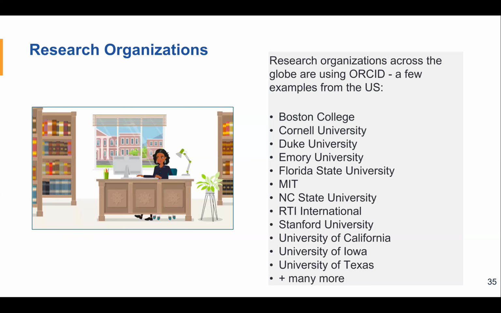Now, from the research organization standpoint as well, research organizations, especially universities, are increasingly using ORCID in their workflows. These are just some of the examples that are using ORCID in their institutions: Cornell University, Emory, Florida State, Stanford. All of these institutions and organizations have been using ORCID in their internal workflows as well.